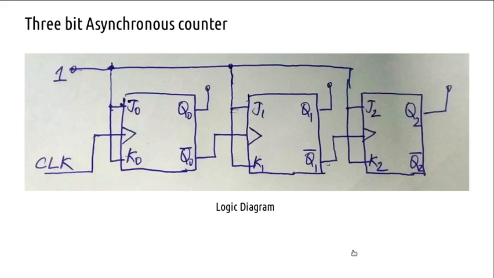First state is obviously 0, and the last state will be decimal 7, so binary 1 1 1. That will be the last state, right? 3 ones, that is, 0 0 0 to all 1.